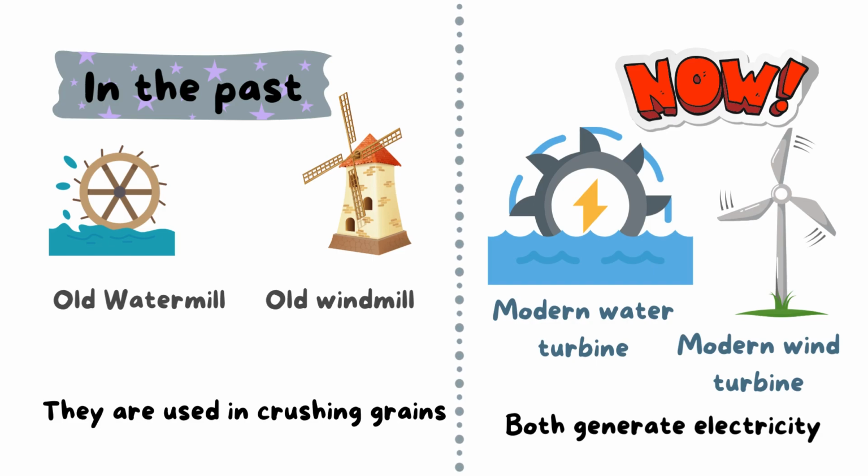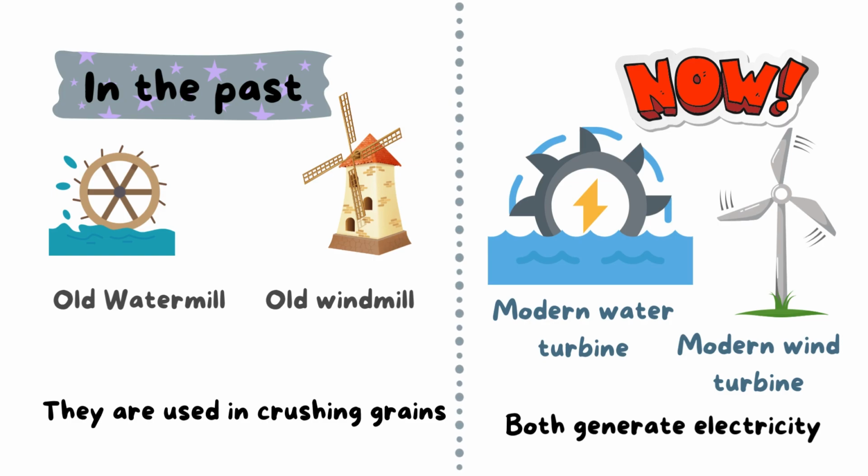The machine that we use to generate electricity from the wind, we call a modern wind turbine. Modern means new. Wind turbine. Okay, so modern wind turbines are used to generate electricity from the movement of the wind.